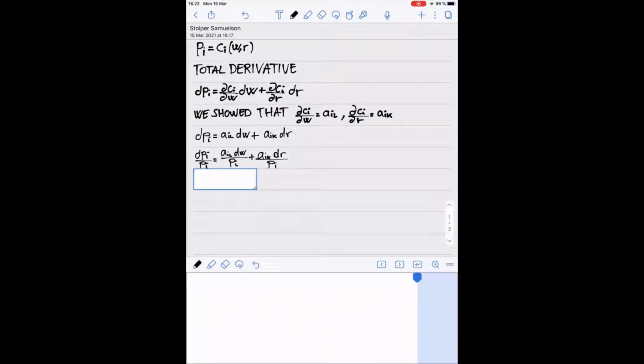Excellent. And now what we want to do is to multiply and divide by the wage and to multiply and divide by the rental on capital in the appropriate places.